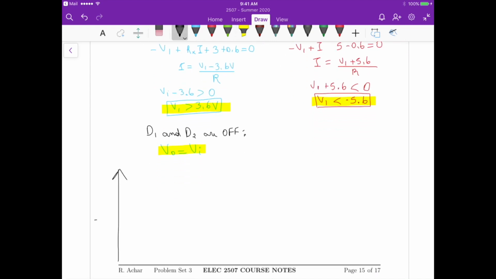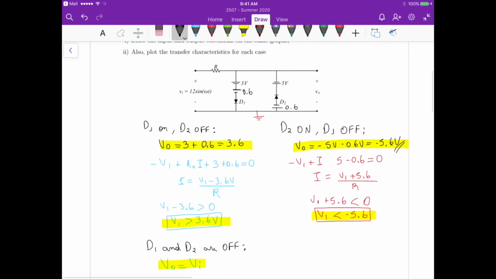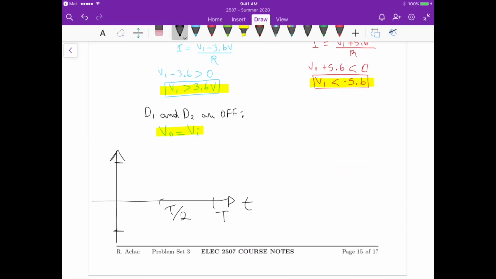We have our time here, one period. Let's say here's the peak amplitude and the peak is 12 volts here, minus 12 here. There are also some points of interest. 3.6 is around here, and minus 5.6 around here.